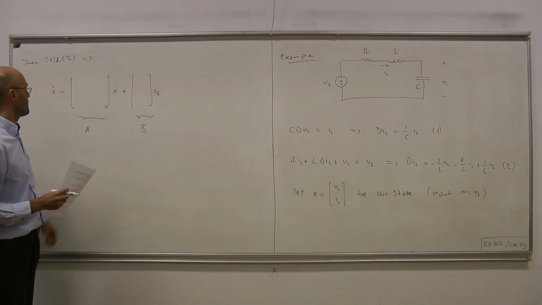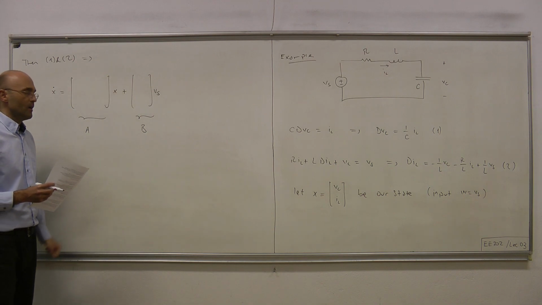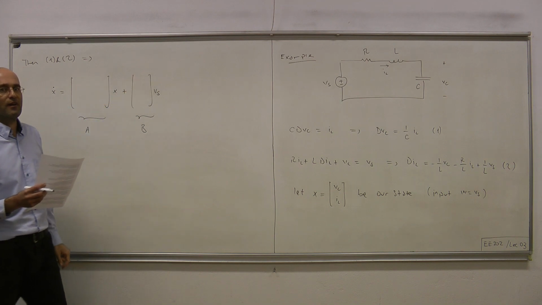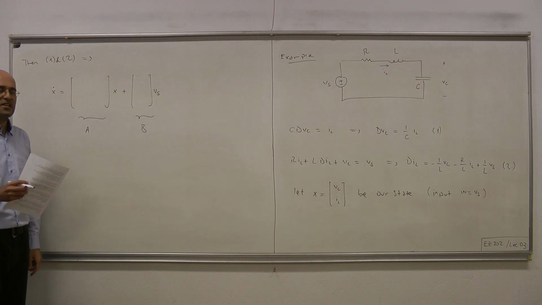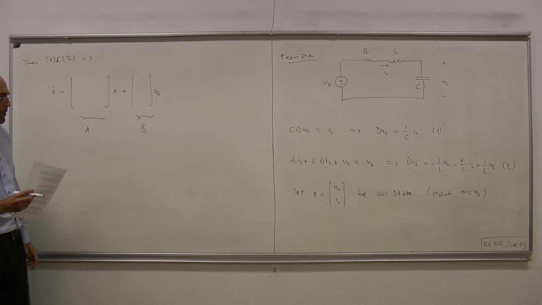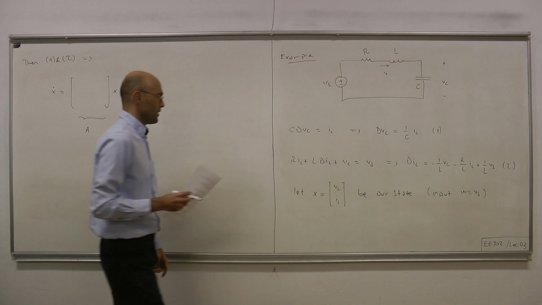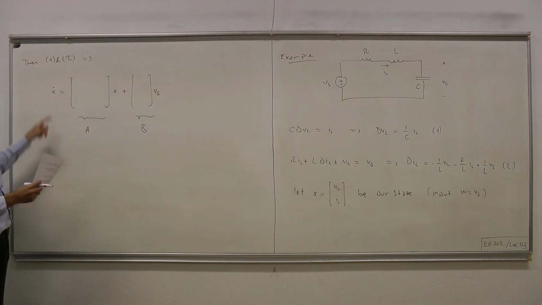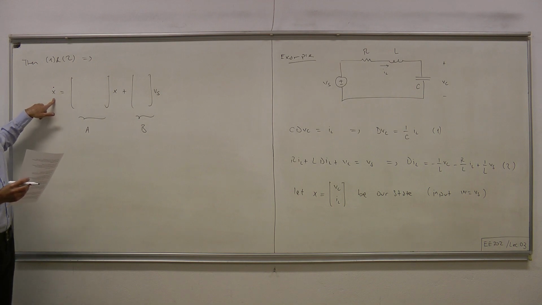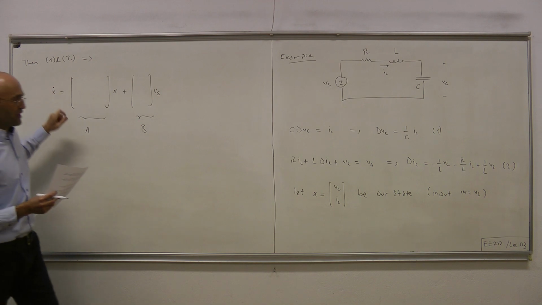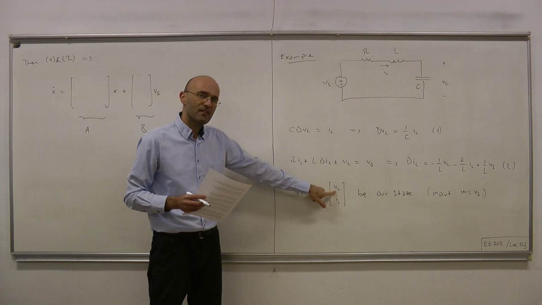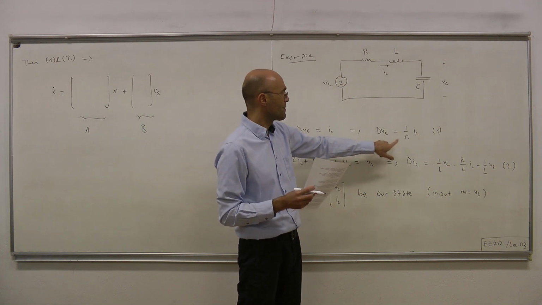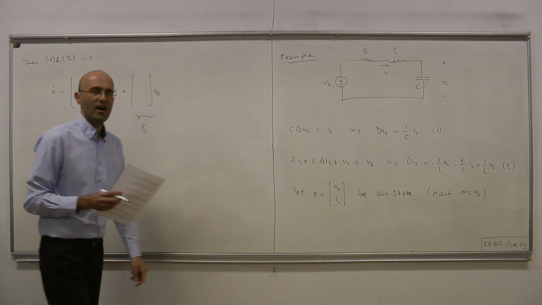So let's therefore fill in the entries of these matrices. Here we have 4 entries to figure out, and here we have 2 entries to figure out. So that makes a total of 6 numbers. So let's start from the first row. For that, we look at the first state equation. First state is VC, so we have to look at the VC dot equation. VC dot equals 1 over C times IL.